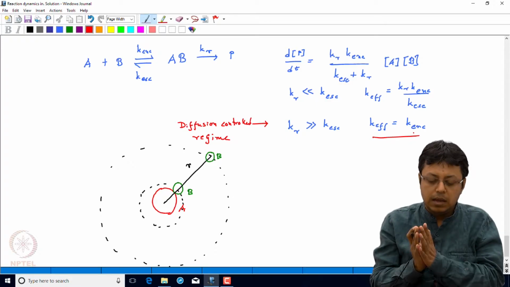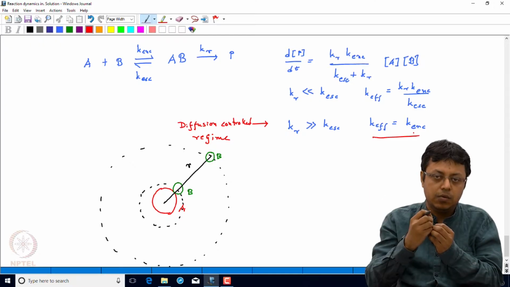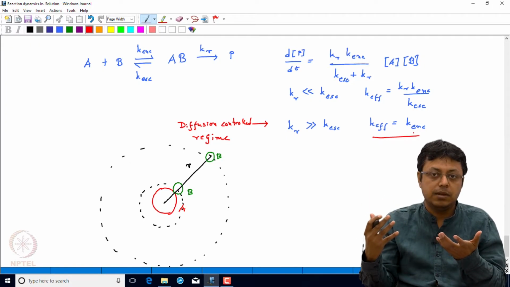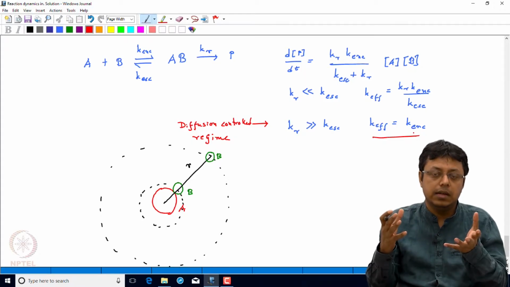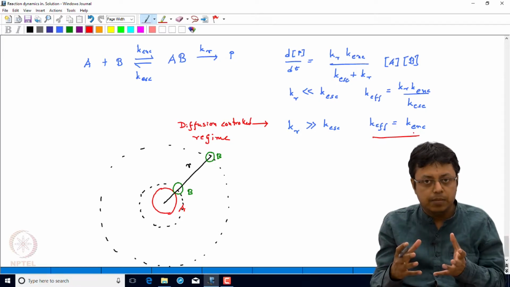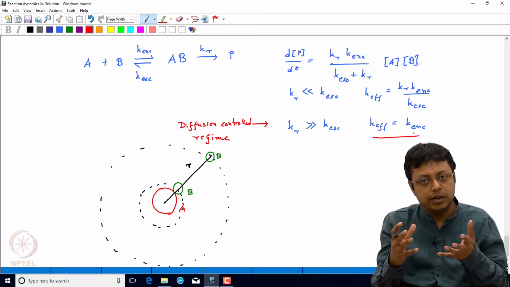That is number one. And number two is that as B and A encounter, and we are assuming that the reaction is pretty fast, meaning that every encounter gives a reaction, there will be a depletion of B molecules around the A molecule, which will create a concentration gradient.